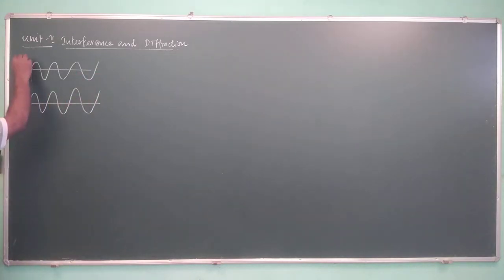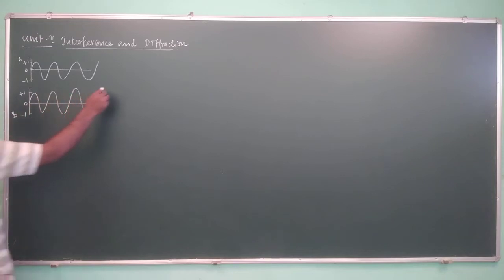So let's say this is wave A, this is wave B, and this axis is the zero axis. The maximum amplitude, let's say, is +1, and the lower maximum is -1. Here the upper maximum is +1, the lower maximum is -1. We have considered two identical waves. If these two waves interact, what will happen?